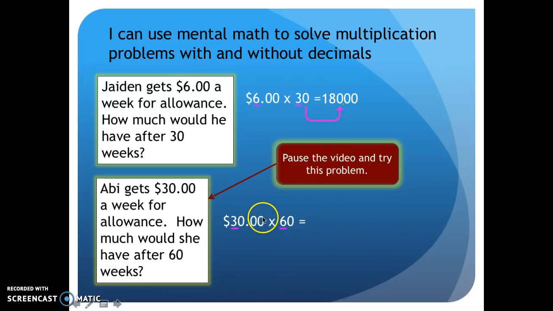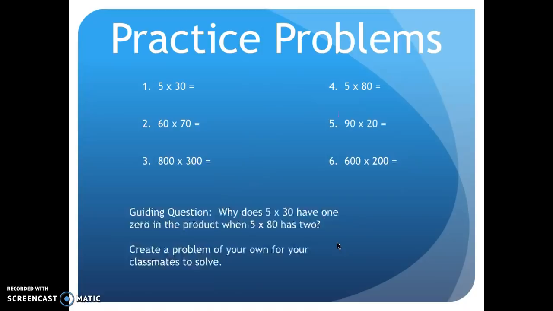Now again, we don't have to worry about these two zeros, but we do have to consider this one and this one. So we've got our 18 plus the two zeros, okay, the one from the 30 and the one from the 60. She would make $1,800 after 60 weeks.